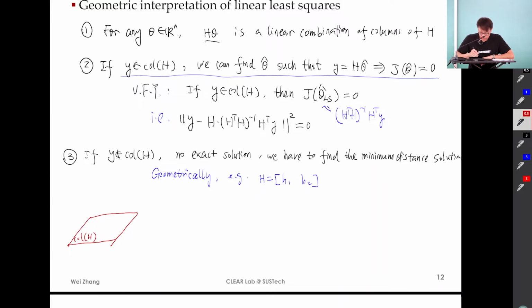So we also know this is 2 columns. We know that y does not belong to the column space of H. Graphically, what does that mean? It's outside this plane. It's not on the plane, so y could be somewhere here, right?